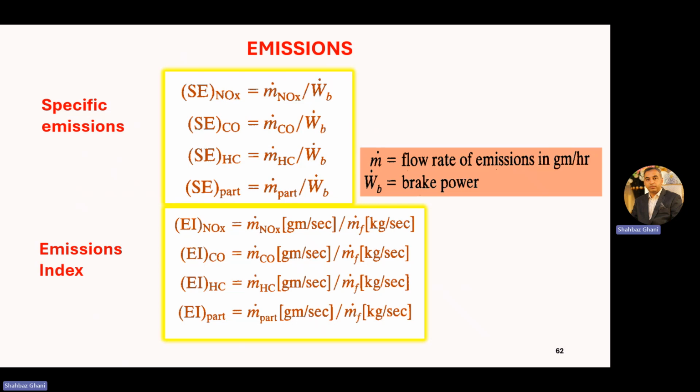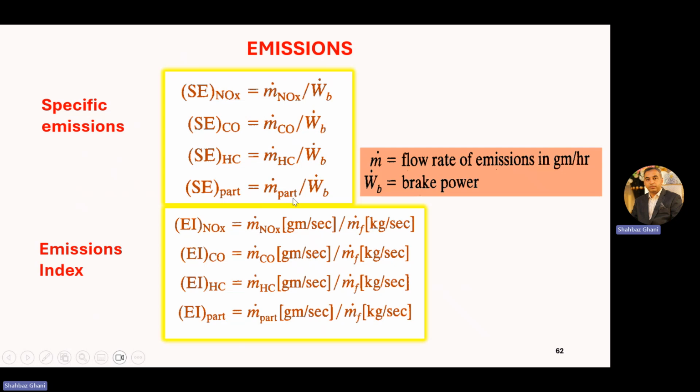These are the formulas with the help of which we can find the specific emission and emission index. For specific emission of NOx, we find the mass flow rate of emissions of NOx divided by the brake power. For carbon monoxide, we use the mass flow rate of carbon monoxide. For hydrocarbons specific emissions, we use the hydrocarbon mass flow rate.